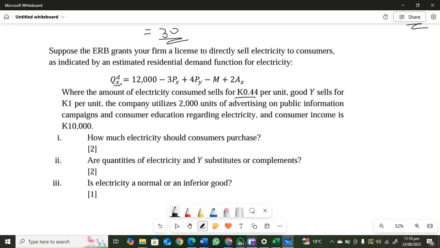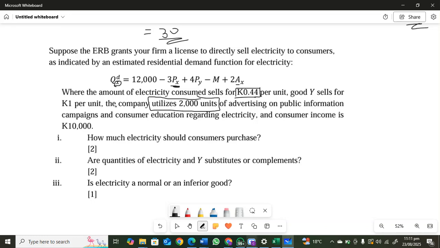So anything that has an X attached to it is dealing with good X. So this PX is the price of good X, the price for our electricity, which is 0.44. This AX represents the advertising for electricity, good X, which is 2,000 units.